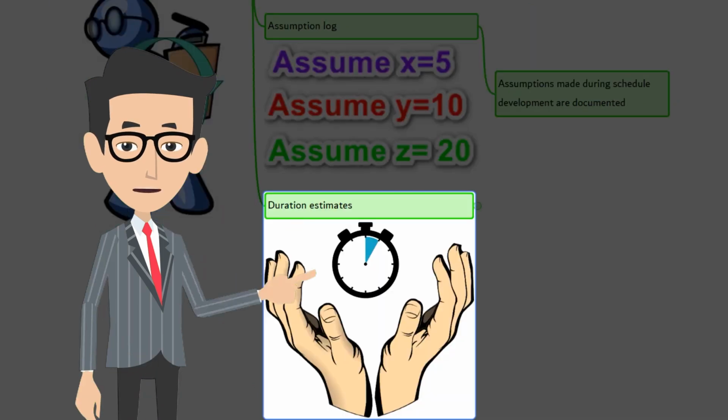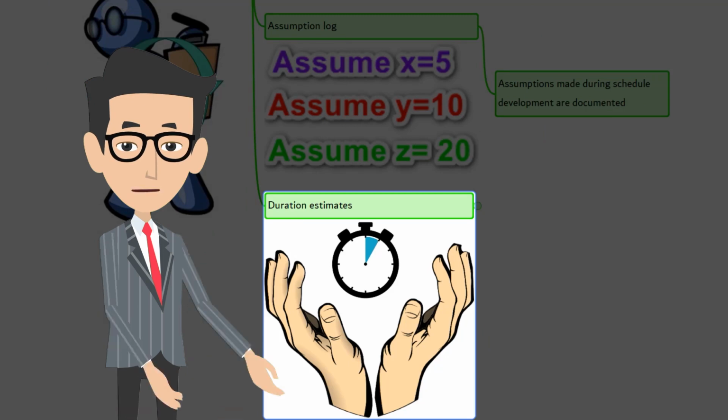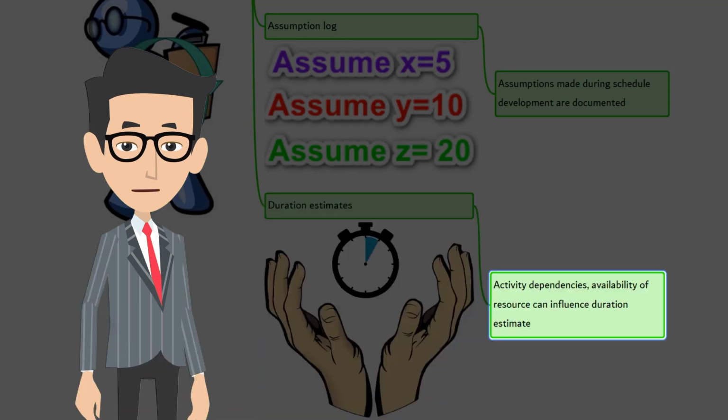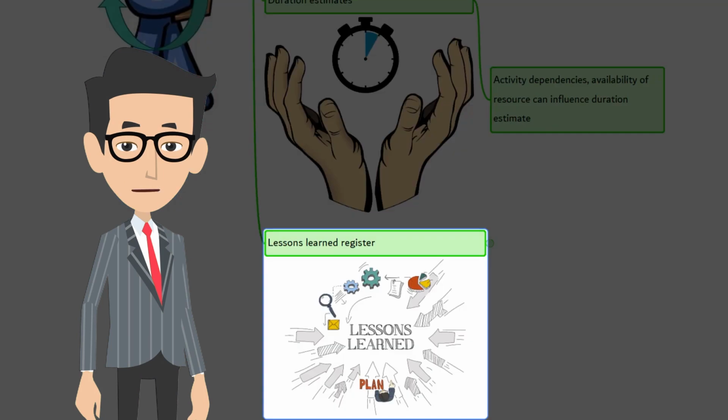The third project document to be updated is duration estimates. Upon completing the schedule, you have information on activity dependencies and availability of resources. The difference between planned versus actual can result in changes to duration estimates. The fourth one is lessons learned.